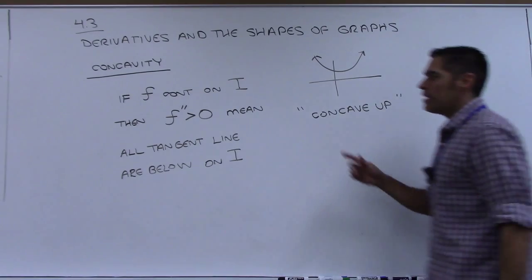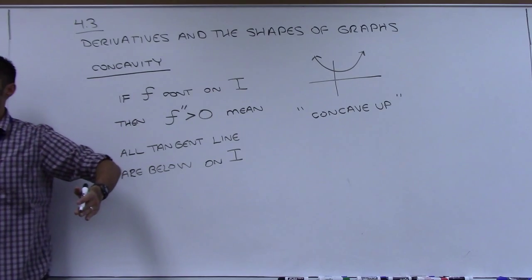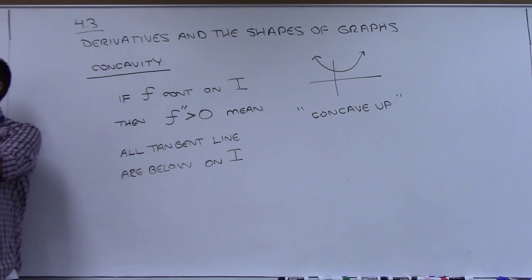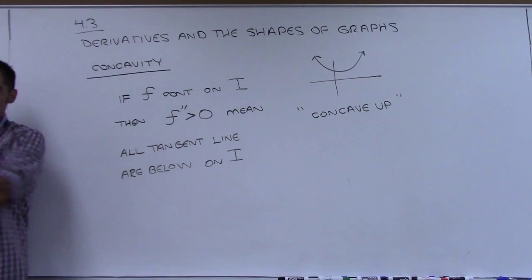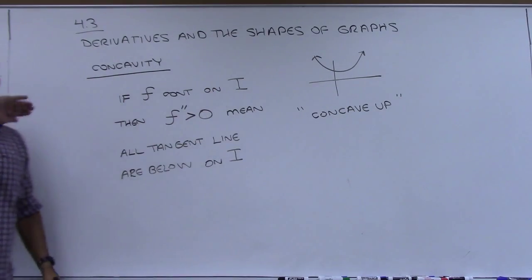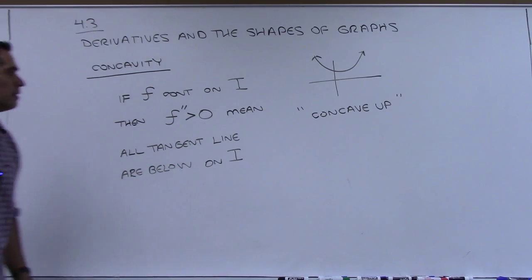So if you take a look at the first derivative, you're going to be able to tell me where a function goes up and down. You take a look at the second derivative, and you're going to be able to tell me where the graph is shaped like a bowl, like this, and that's called concave up, versus a bowl the other way, which would be concave down. And I'm not saying it's a parabola. I'm saying it's the shape of a parabola, but I'm not saying it has to act exactly like a parabola does.